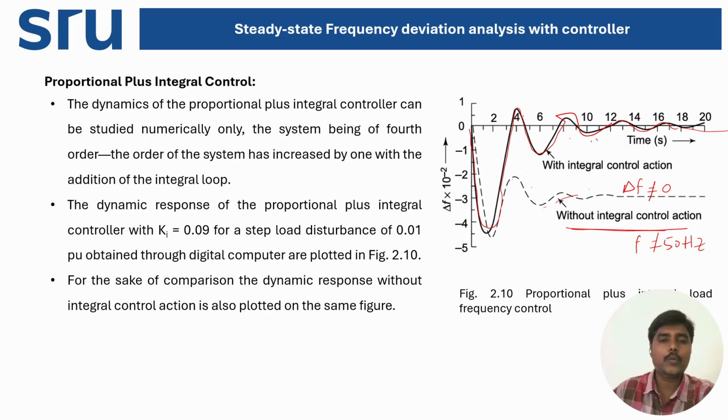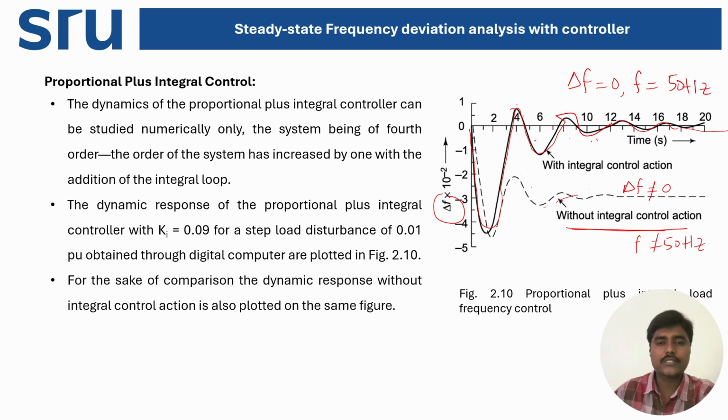But once you incorporate this integral controller, what is happening here? The delta F, the steady state frequency error, is making some oscillations, and after a certain amount of time it becomes equal to 0. That means delta F is becoming 0, and then the actual frequency will become equal to 50 Hz.